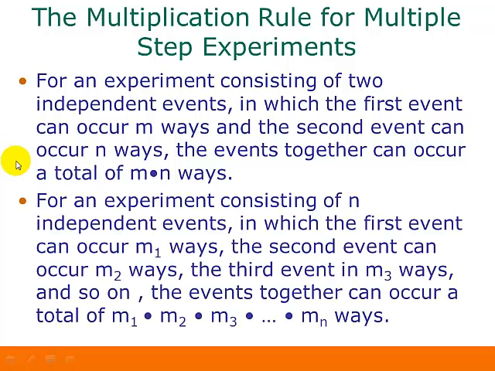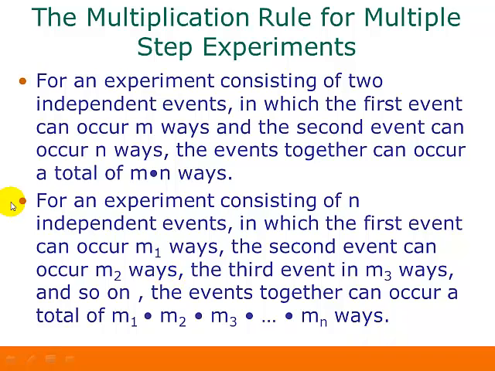We can take this a little further for an experiment with more than 2 steps. So for an experiment consisting of n independent events, in which the first event can occur m sub 1 ways, the second event can occur m sub 2 ways, the third event in m sub 3 ways, and so on, the events together can occur a total of m sub 1 times m sub 2 times m sub 3, and so on, up to m sub n ways.